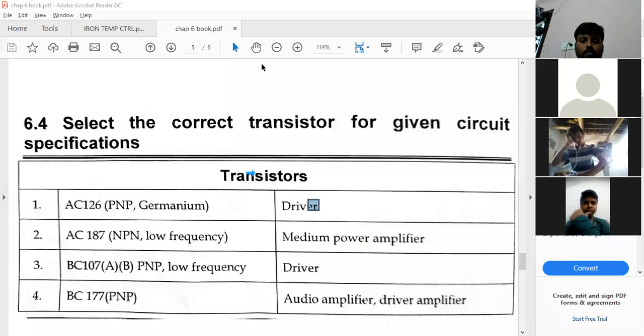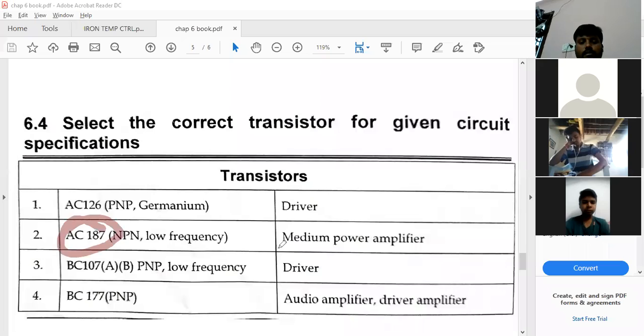If you want to use it as a driver amplifier, the AC126 PNP germanium transistor is used. If it is a medium power amplifier, the AC187 NPN low frequency transistor is used.